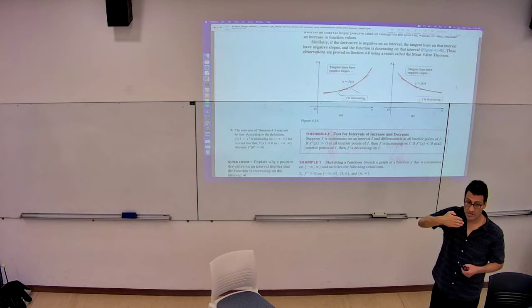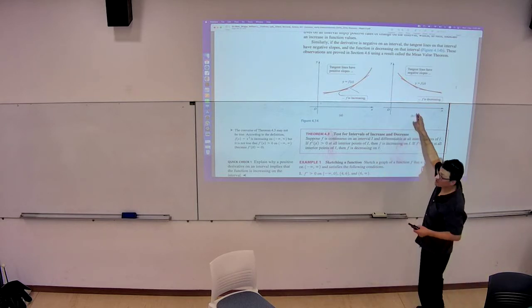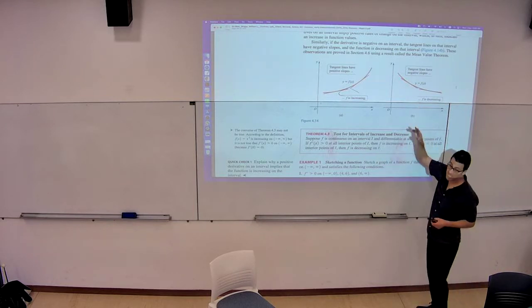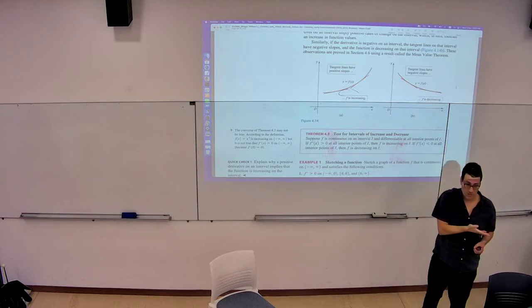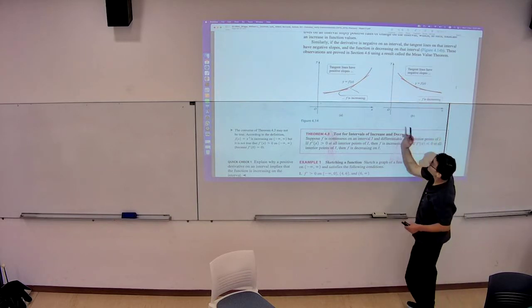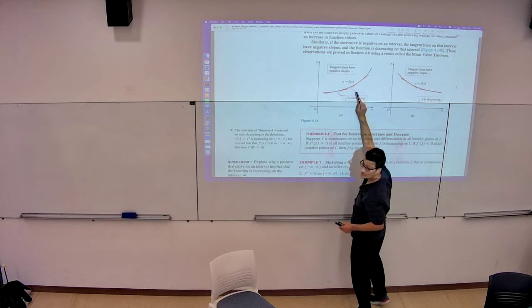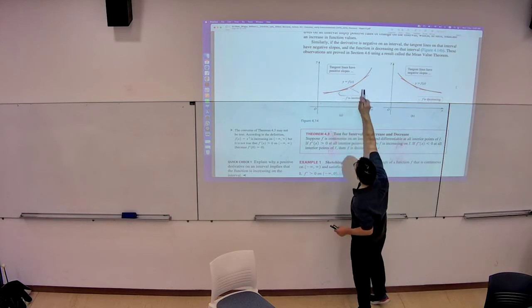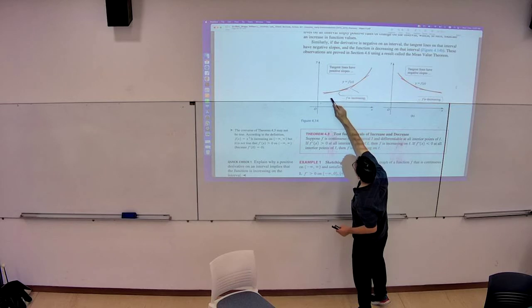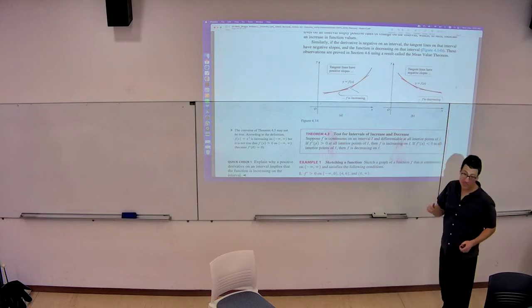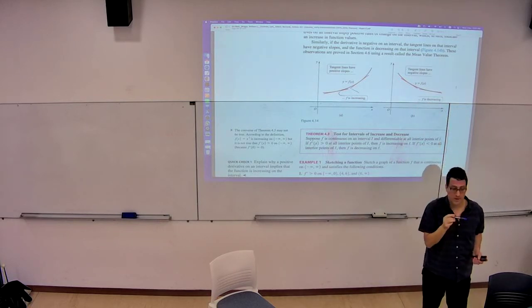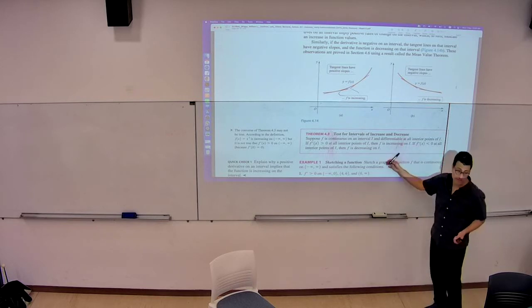And on the opposite, in the case of a decreasing function, the tangent line has a negative slope, because the tangent is downhill here, but the tangent is up the hill on the left. So if the function is increasing, the tangent lines have positive slopes. If the function is decreasing, then the tangent lines have negative slopes, right? So that's indeed a theorem, a result.